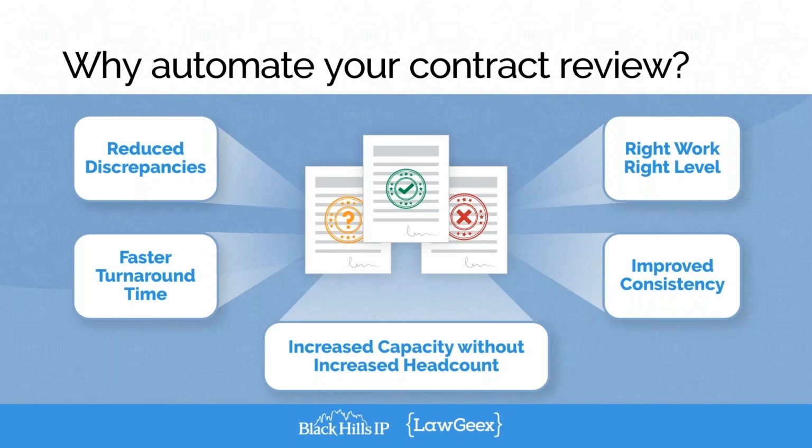Second of all, you get a much faster turnaround time. Essentially, you are cutting down the total turnaround time of a contract from 7 days or 10 days or 2 weeks to under 1 hour. Third of all, you're increasing the capacity of your legal team without increasing the headcount. So if you have limited budget or limited hiring capabilities, and you need to be able to do more with less, this is a tool that essentially helps you do that.